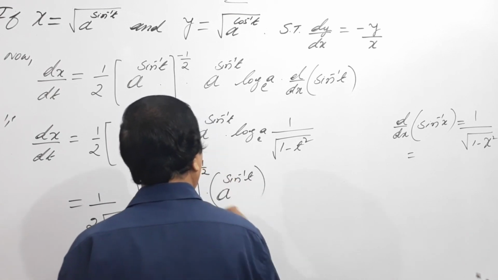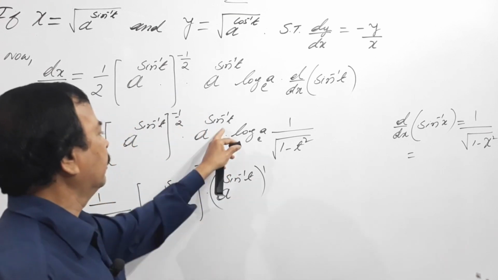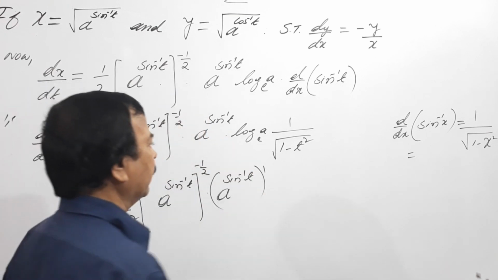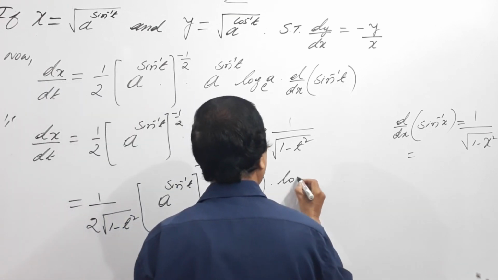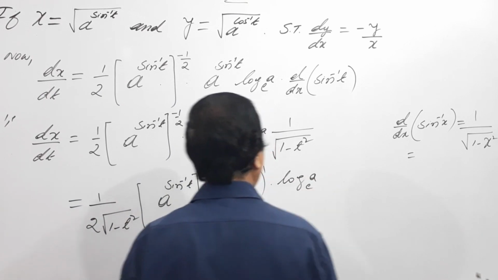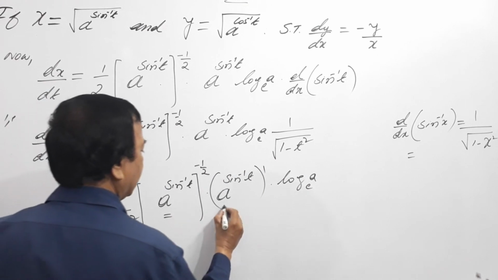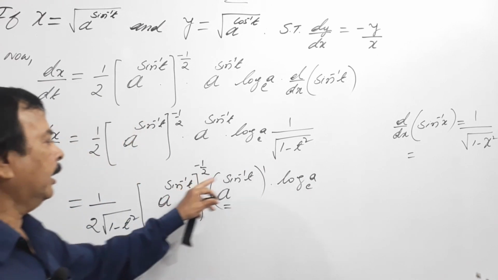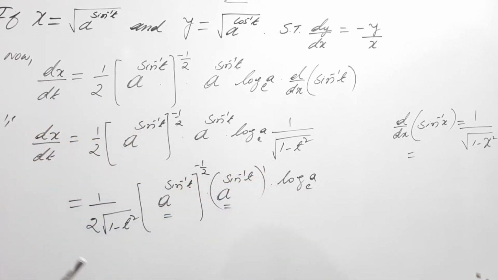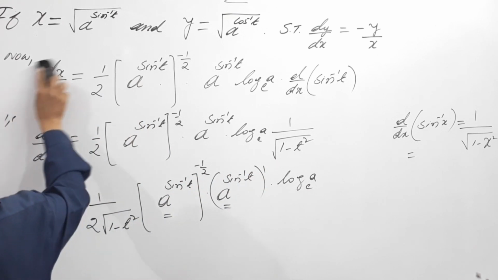I will write it to the power of 1, into log a to base c. Okay, now here the bases are same, I'll add the indices. Done? I'll rub this.